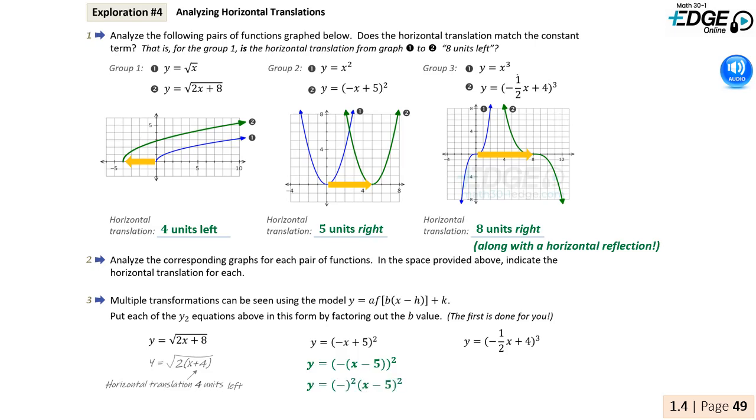It might not surprise you then that if we applied our exponent of 2 to both the negative 1, which the negative sign is, in front of the x minus 5, and to the x minus 5 bracket, we could effectively cancel out that negative sign and simply express this as y equals x minus 5 squared, a more accurate representation of the translation of 5 units to the right.